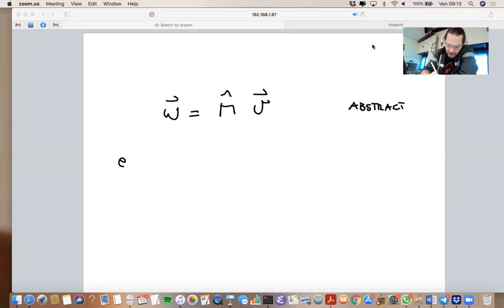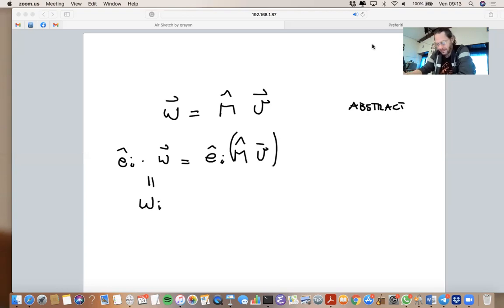So let's say we take the inner product with the i-th element on both sides. And this is a way to determine what is the i-th component of the W vector.